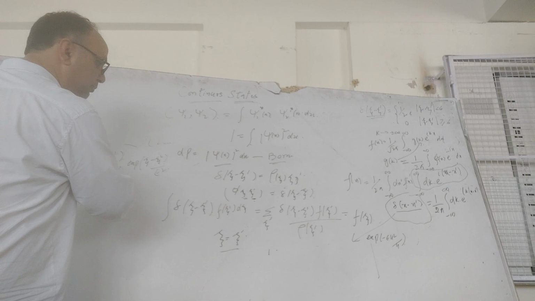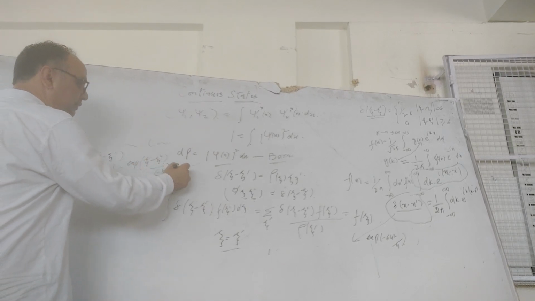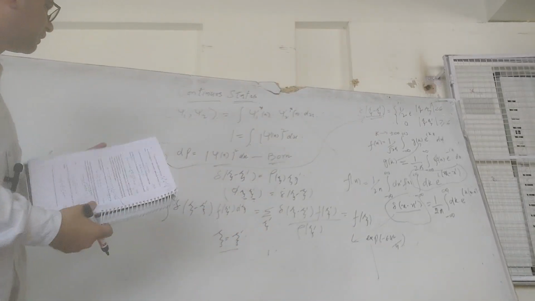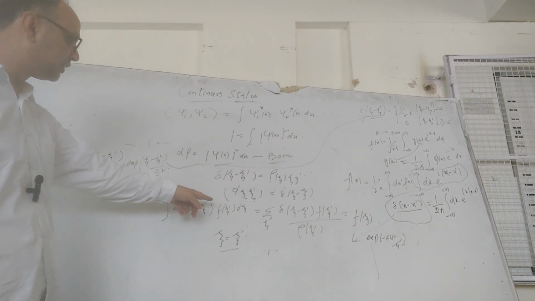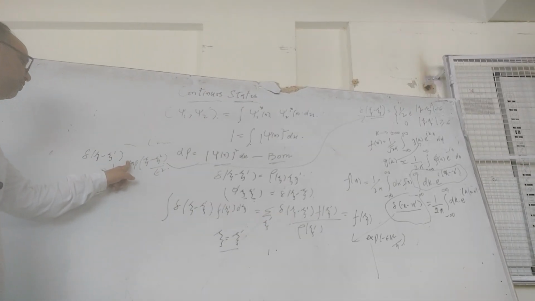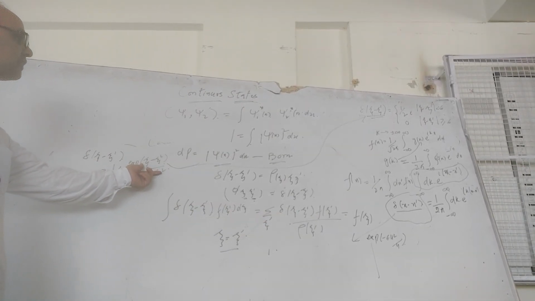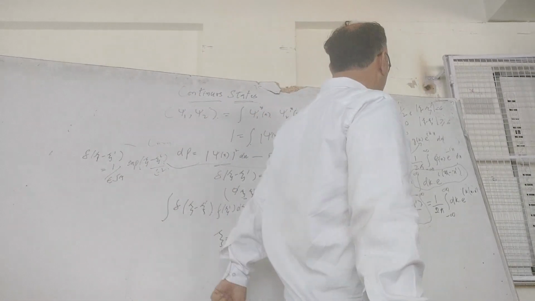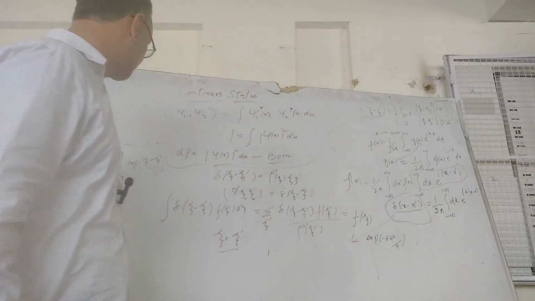I missed this earlier, so we can write it like this. So this Dirac delta function can also be written under this modification of the exponential function, and with these changes of limits we can still define this Dirac delta function.